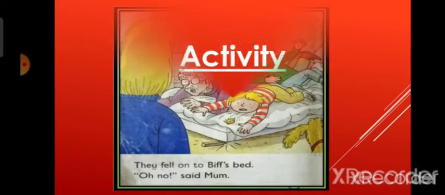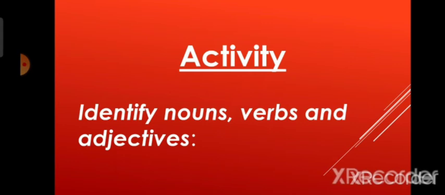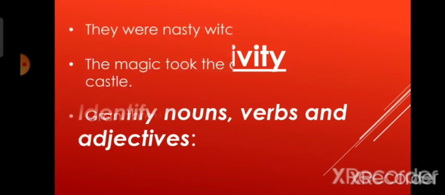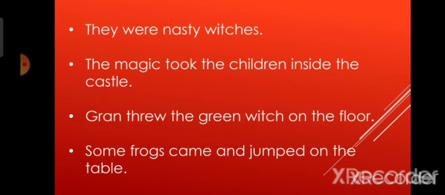Now it's time for an activity. Are you ready? That's great. In this activity, you have to identify the nouns, verbs, and adjectives. As you know, nouns are the naming words.